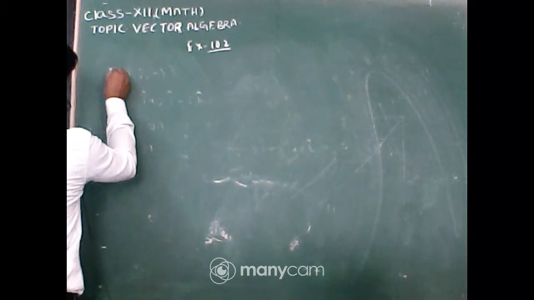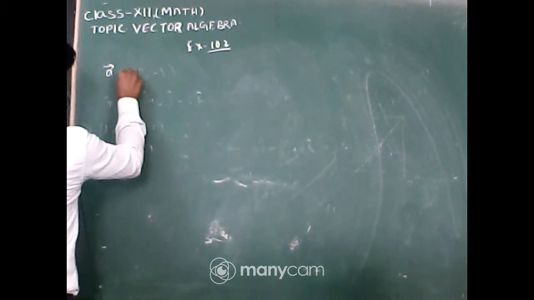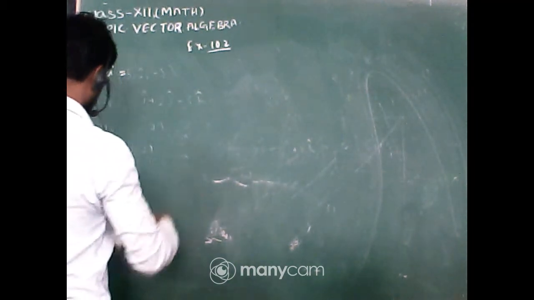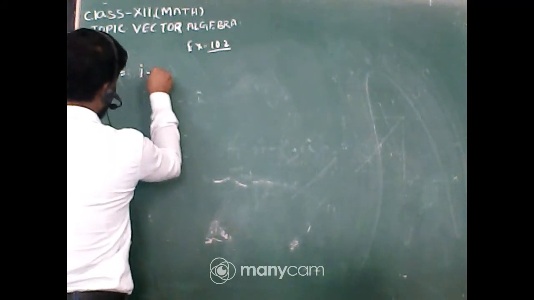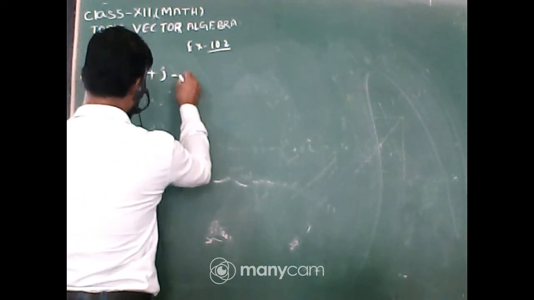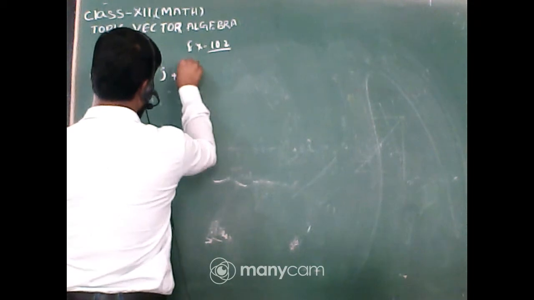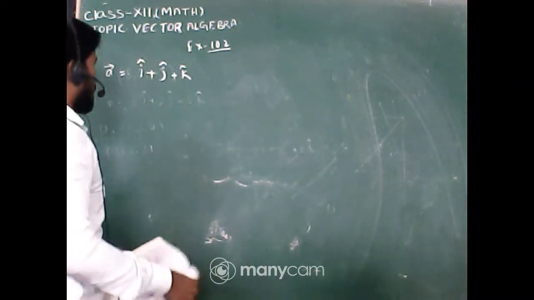So I am taking the first one. A vector is equal to i hat plus j hat plus k hat.